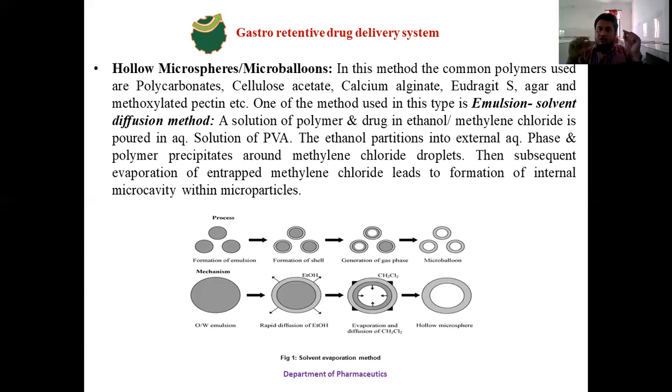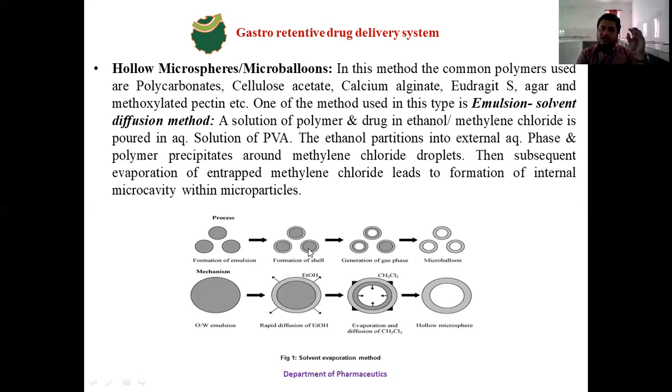Suppose one droplet, as you can see in the diagram, is covered by polymer. The droplet has methylene chloride and drug. Methylene chloride, as it is volatile, will evaporate. The drug is present, but it is not volatile and will not come outside, because the polymer is already present on the surface.